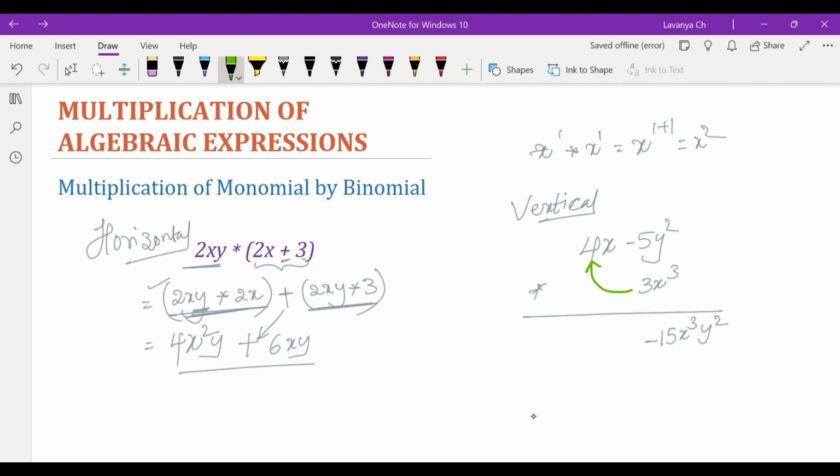For that, the first two numericals are 4 into 3, that is 12. X into x cube. Add the powers. So for x it is 1. So 1 plus 3 is 4. Using the vertical method, we do multiplication like this. Each and every term we have to multiply with this monomial.